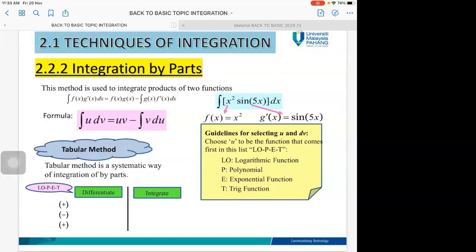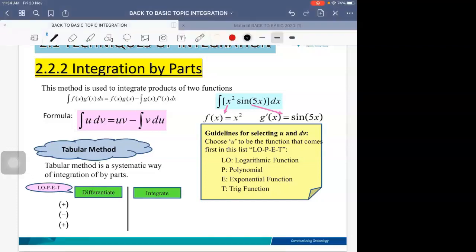Integration by parts. So for integration by parts, this is how we find the solution or the integral. You have two functions, multiplication of two functions.